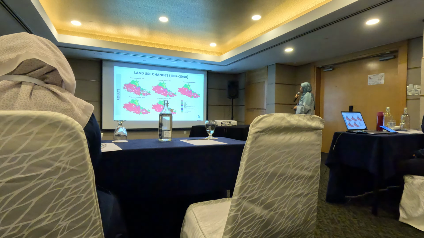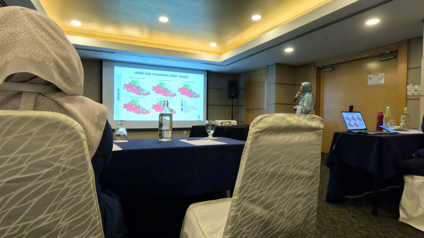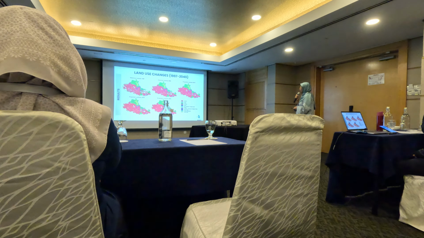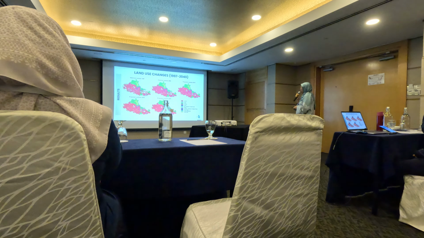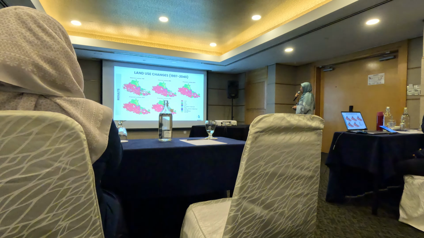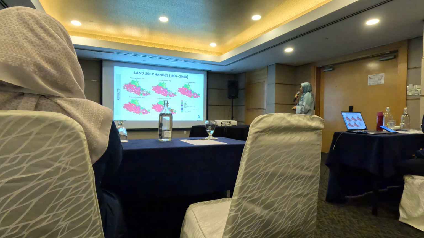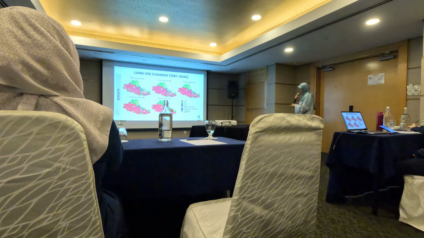For the land use change, this is the historical and projected data from 1997 to 2040. You can see that there is no significant change except at this particular area. This is rubber turned to oil palm.